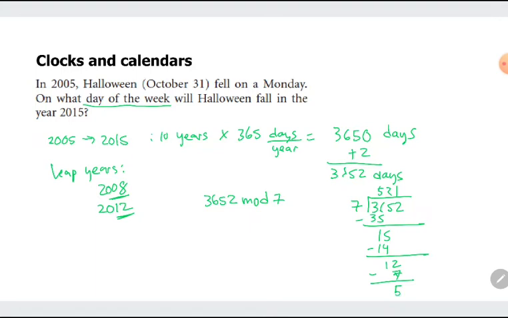So how do we interpret this? 5 days from Monday. So Monday is a 1 plus 5. That would be 6. So the Halloween will be celebrated during a Saturday. 6 is for Saturday.